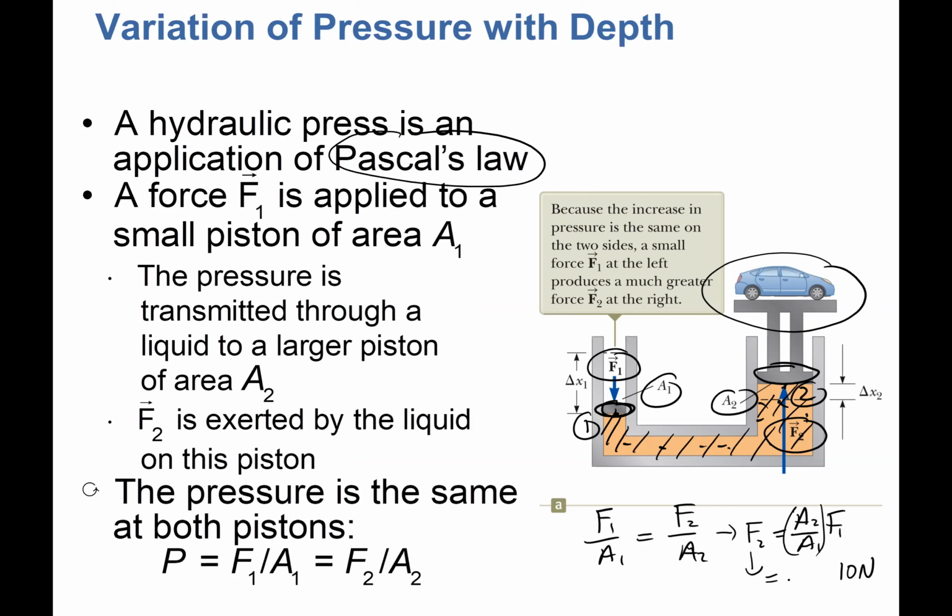So generally we choose area 1, where you apply your foot, to be very small, maybe 1 square meter, and area 2 to be very large, say 100 square meters. This ratio gives you 100 times 10 newtons. That means you get 1,000 newtons of output even though you only push with a 10 newton force. As you can see, you can get a much, much amplified output force because of the area differences.